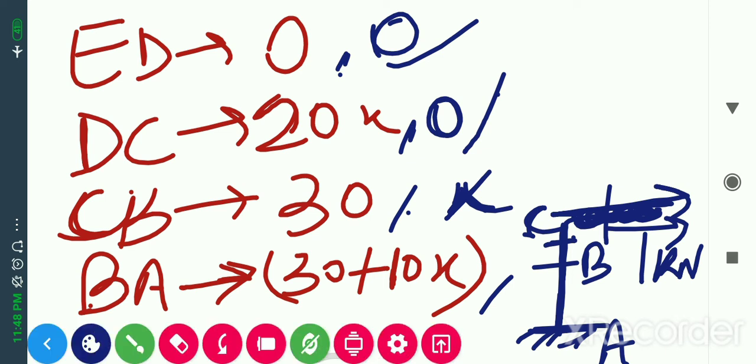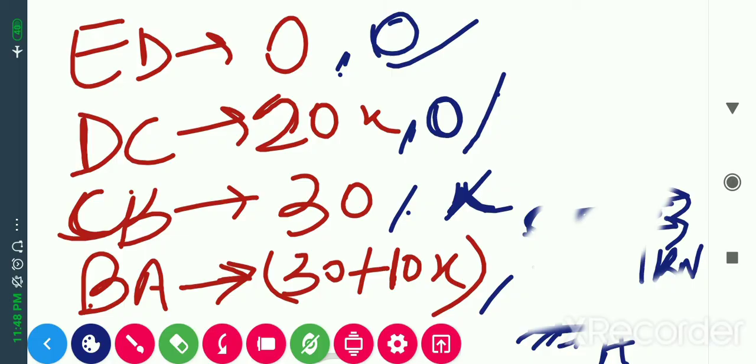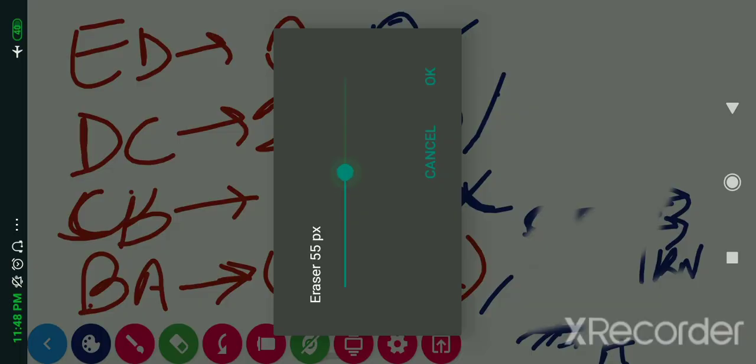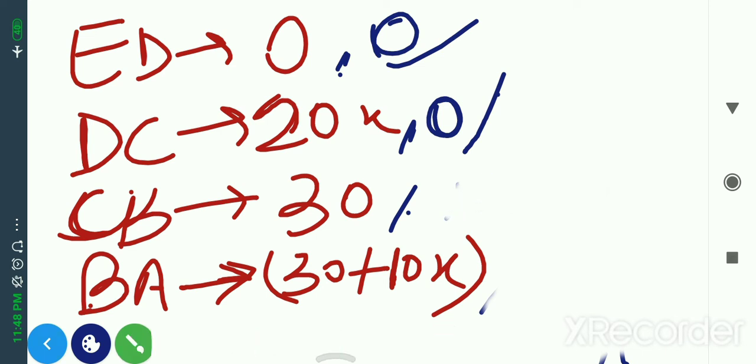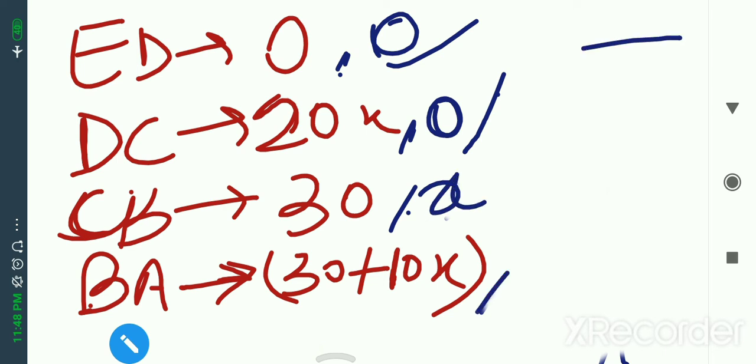Let me make the diagram clear. This value is x, and if this is the frame, 1 kilonewton is acting in this direction.